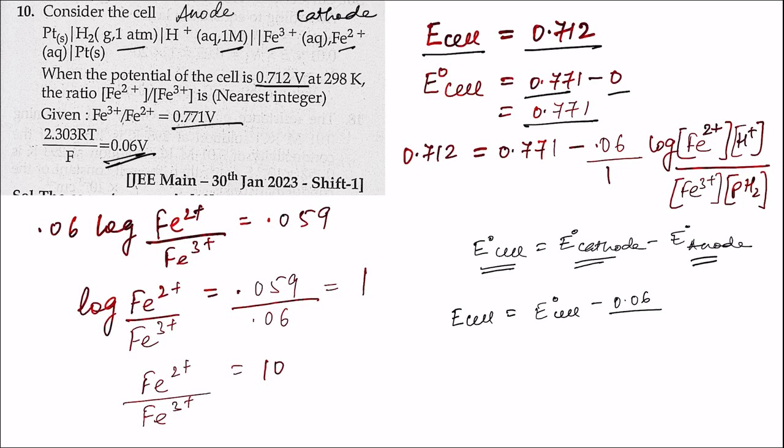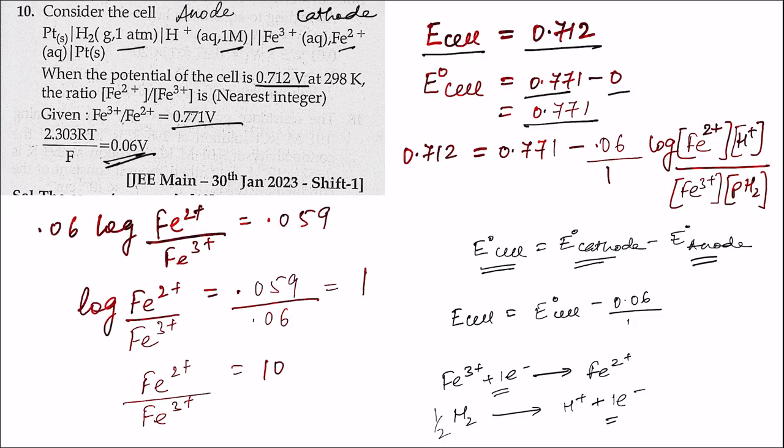Now here the number of electrons involved will be, if you see the reaction at the cathode, the reaction at the cathode is Fe3 plus ion accepting 1 electron to form Fe2 plus ion, and reaction at the anode is hydrogen gas changing into H plus ion, so it gives 1 electron. Here to balance the equation, this will be half H2. So number of electrons accepted is equal to number of electrons given, and which is equal to 1 electron here.